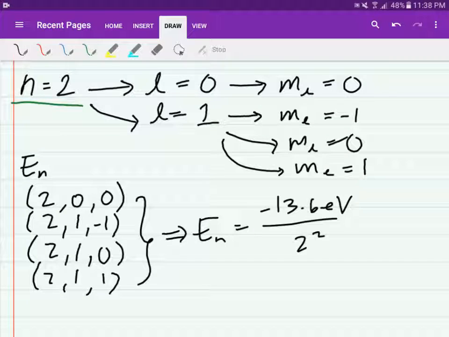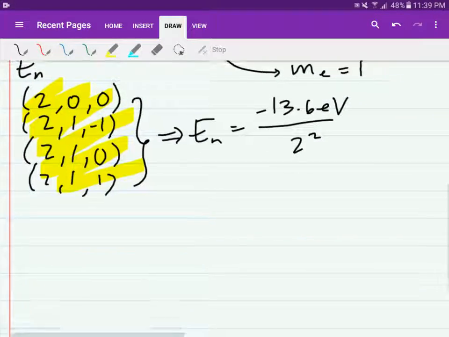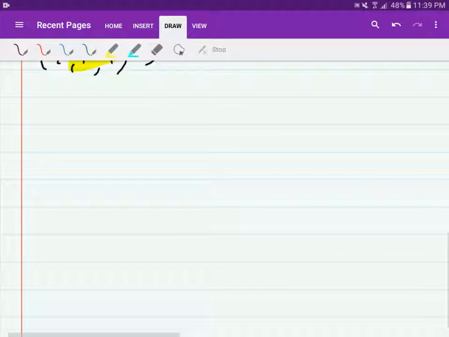So what is the Zeeman effect? The Zeeman effect has something to do with messing up these energy degeneracies.